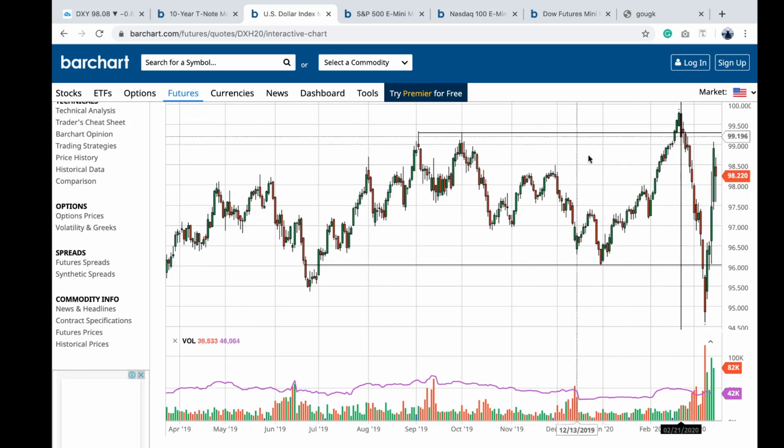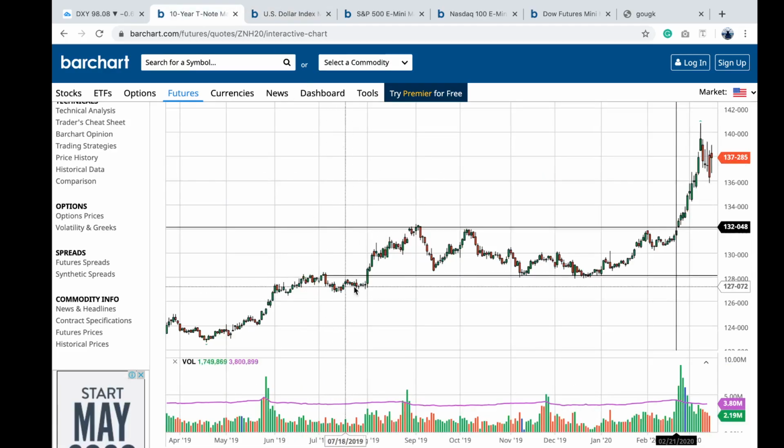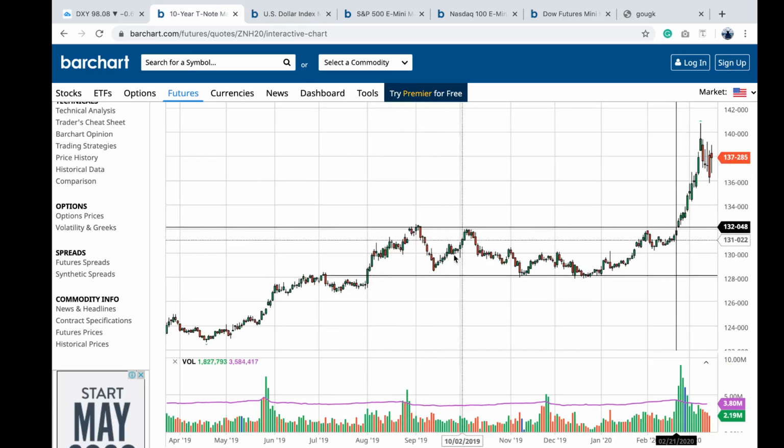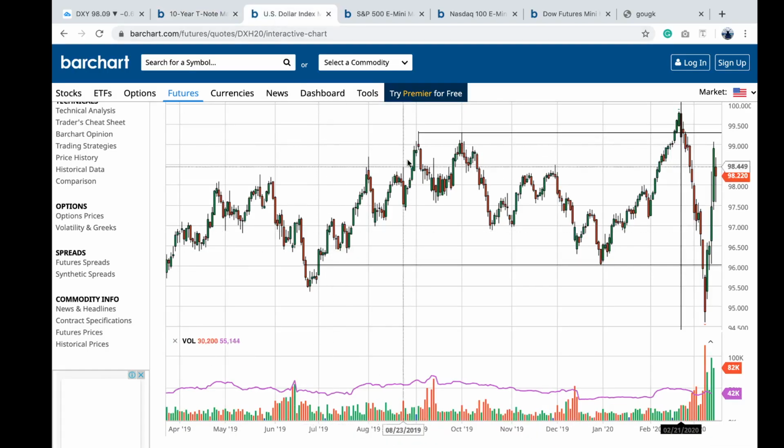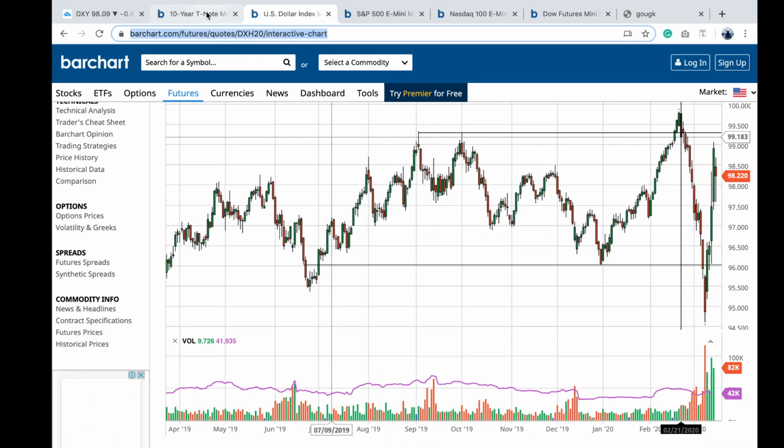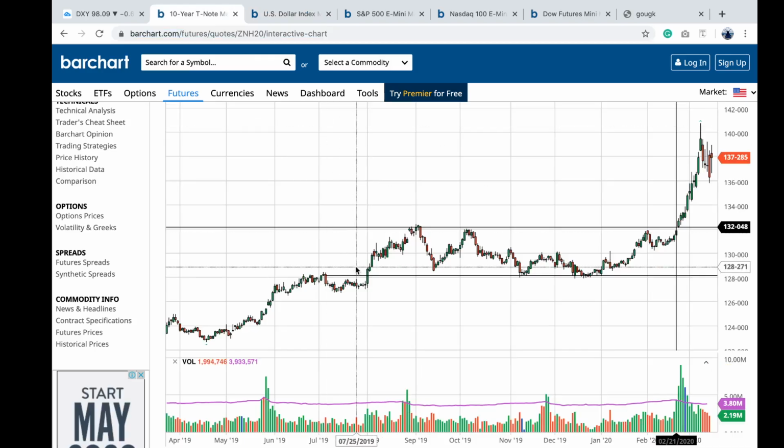The reason why was because of this last down candle that initiated all this bullish run and all this trading range. If price comes back down to that candle, the institutions who caused this move and this same run on both the 10-year treasury notes and the dollar are going to defend their positions.